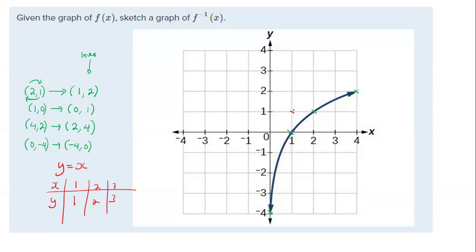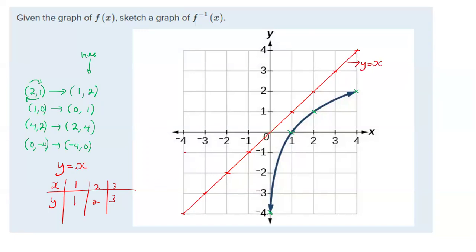So my 1, 1 is here. My 2, 2 is here. My 3, 3 is here. My 4, 4 is here. Negative 1, negative 2, negative 3, like that. So it will be a line of that nature that we shall have as our reflection line. I'll just connect like that, and then I'll say that this is my reflection line, which is y is equal to x.